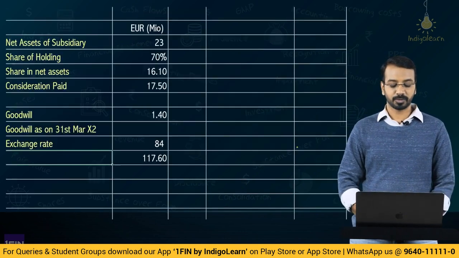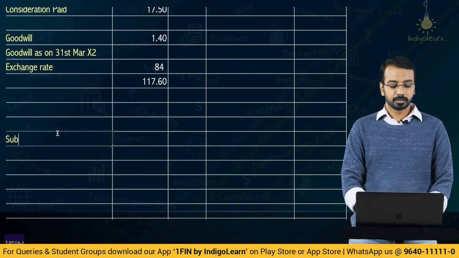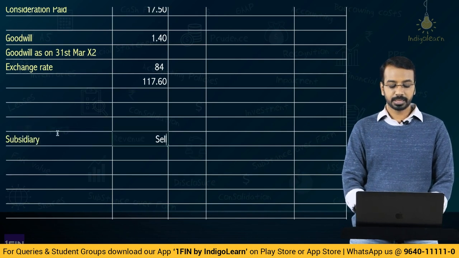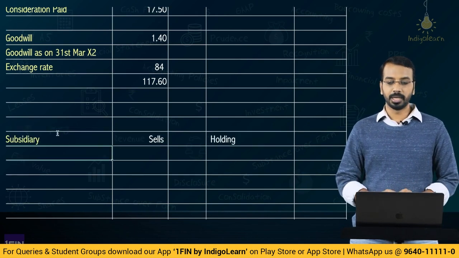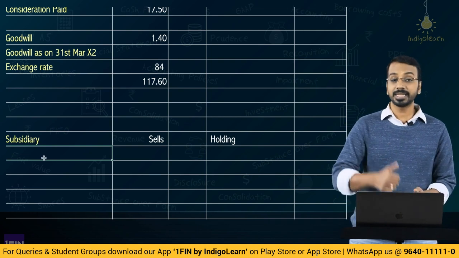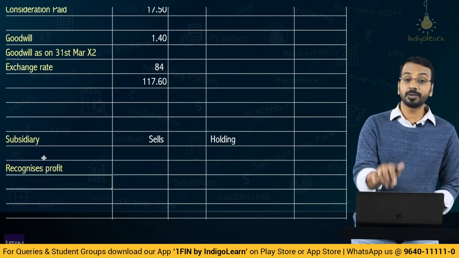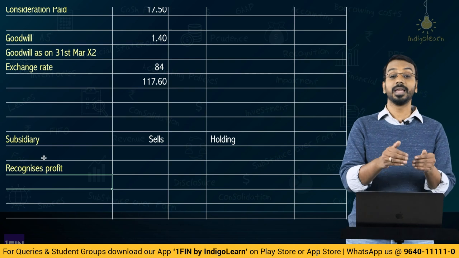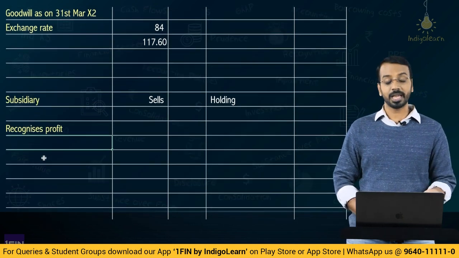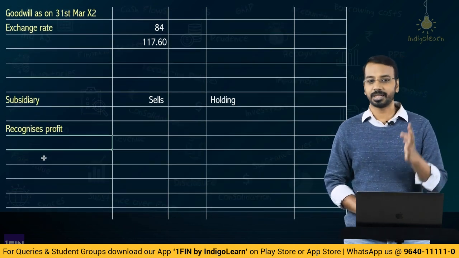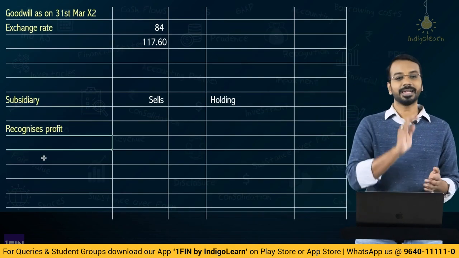Now, what happens here? You have to see. Subsidiary sells to holding. Okay. So, when subsidiary sells to holding, subsidiary recognizes profit. Right. Now, this profit which is recognized by subsidiary has to be eliminated. So, you have to see how much of profit has the subsidiary recognized and you have to eliminate that profit.